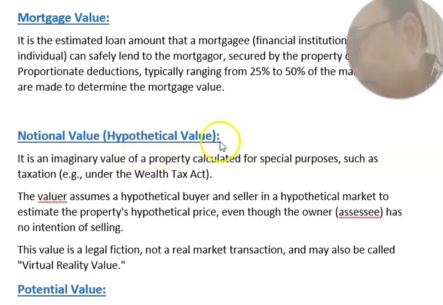Notional value, a hypothetical value. It is an imaginary value of a property calculated for a special purpose such as taxation. Here the property valuer imaginarily sells the property, and a buyer imaginarily buys it, and the valuer calculates the value of the building.